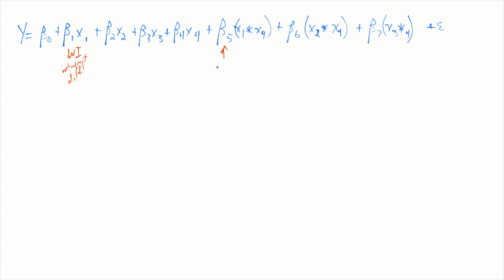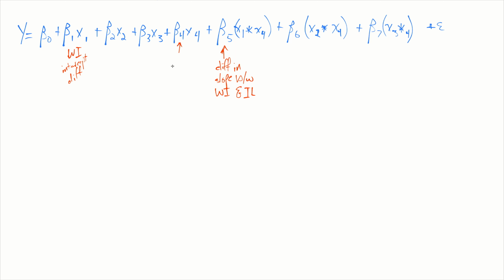And so beta 5 ends up being the difference in slope with regard to x4, nitrogen, between Wisconsin and Illinois. Beta 4 is our slope for just the Illinois case. This is because when x1, x2, and x3 are all 0, that corresponds to the Illinois case.